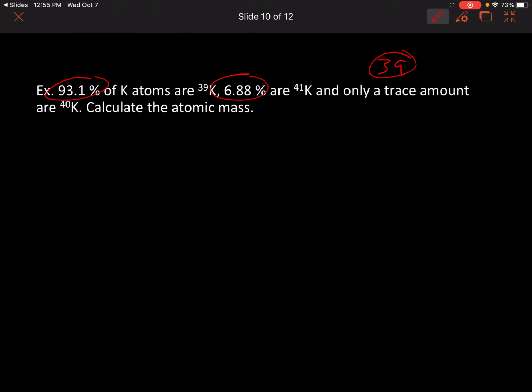It's the most abundant. So how we do this, I'm just gonna set up a little chart here. So I've got K39, and that's going to be 93.1%. I've got K41 as 6.88%. And so the question, do I need to worry about K40?